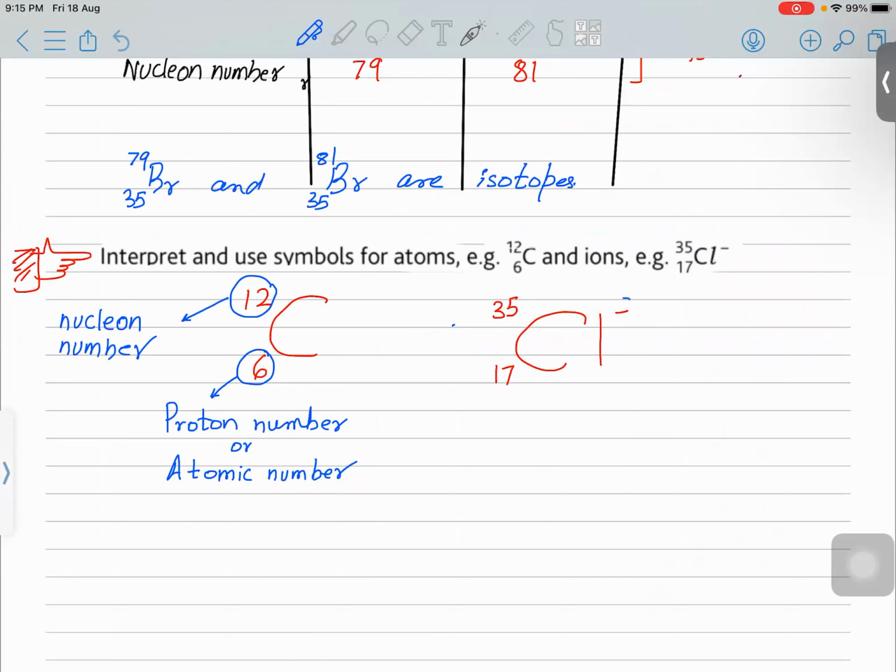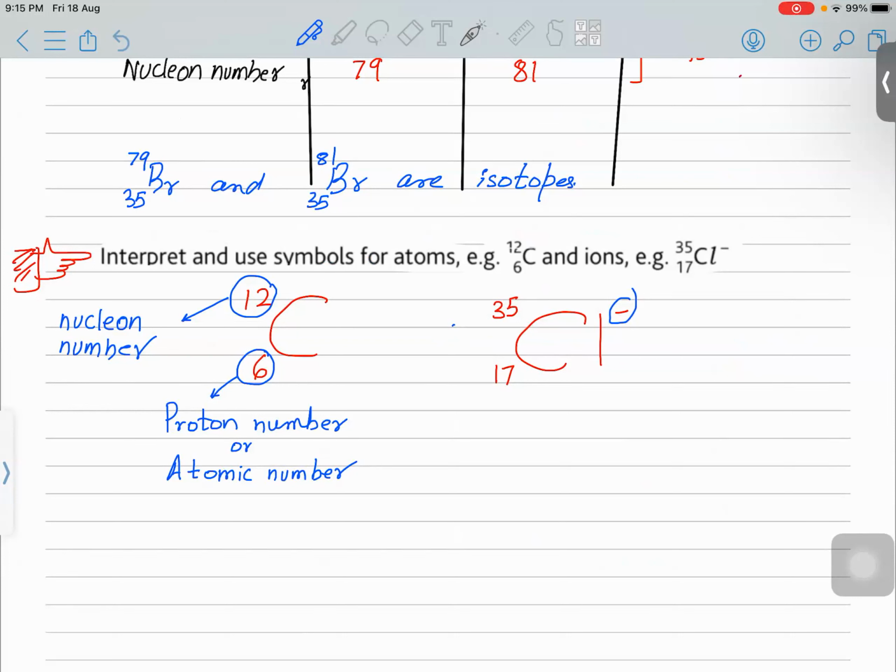And what does this negative ion show? Sir, it shows that the overall charge is negative.